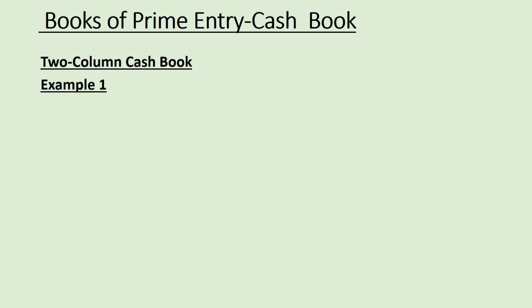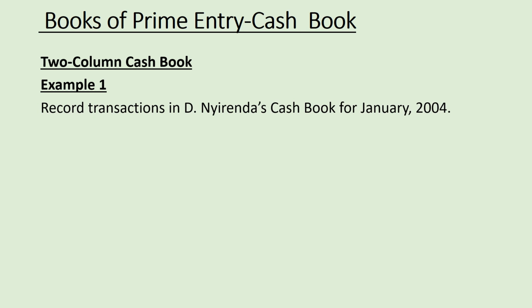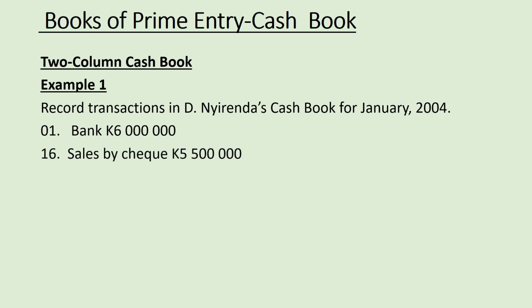So here is the example. Record transactions in D. Nyelenda's cash book for January 2004. In the bank there was a balance of 6 million. Then he made sales by check worth 5,500,000.